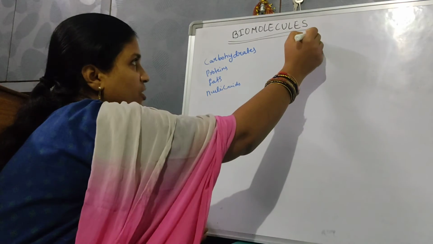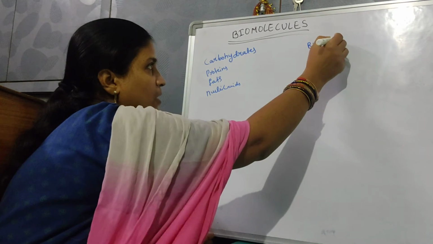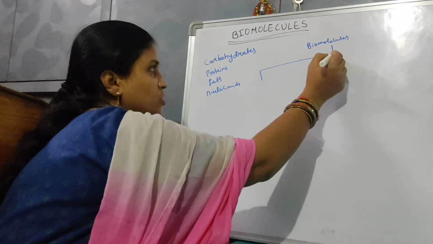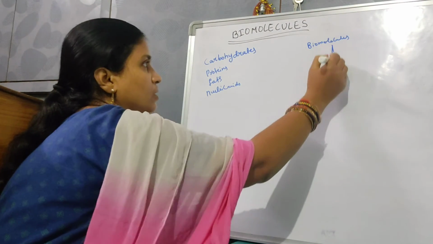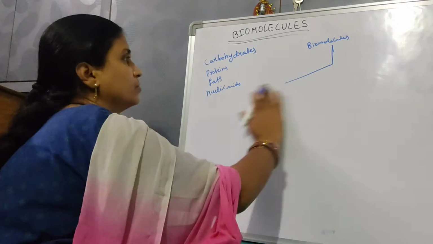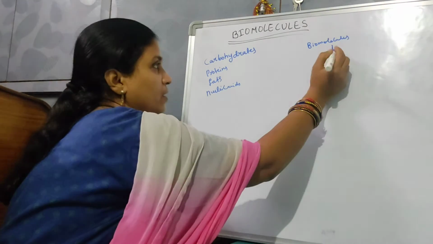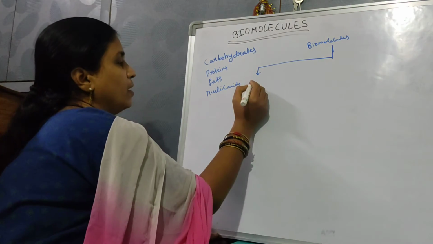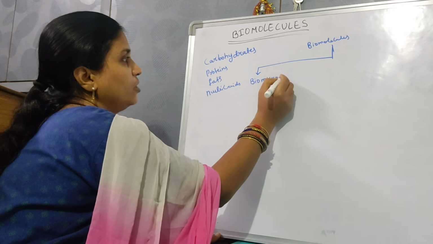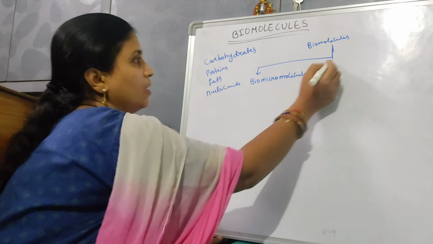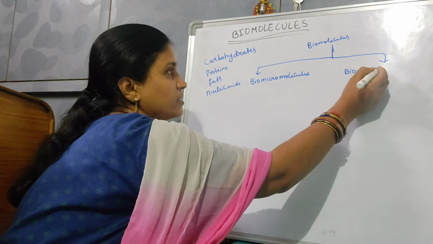So these biomolecules can be divided into two types: biomicromolecules and biomacromolecules.